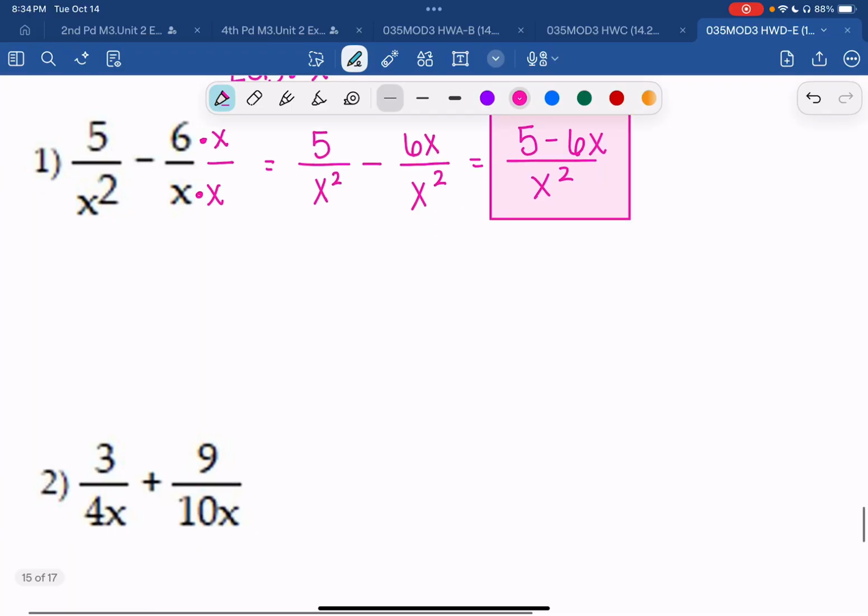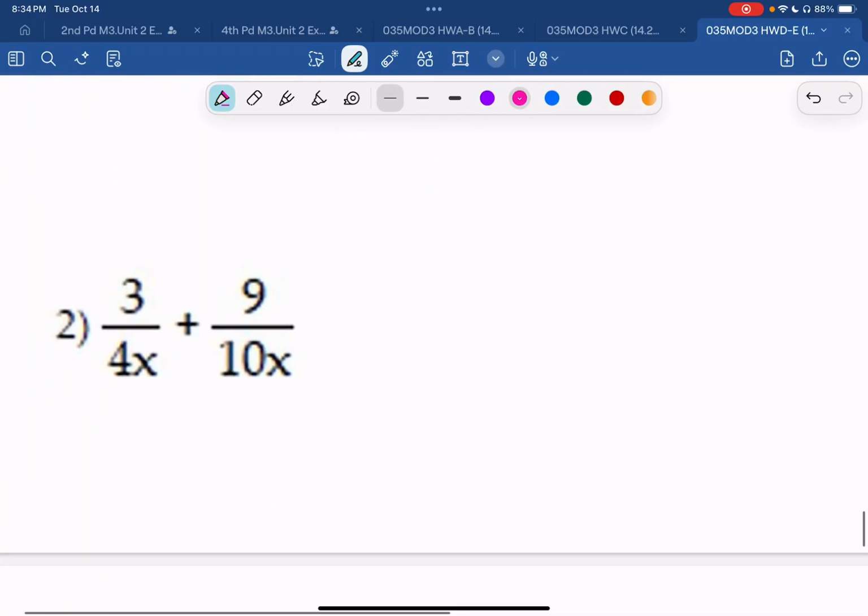Okay, number 2, let's find a common denominator. So I've got 4x and I've got 10x. So 4x is 2 squared times x. 10x is 2 times 5 times x.